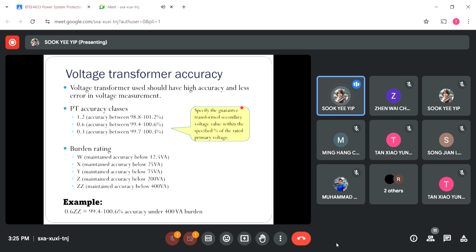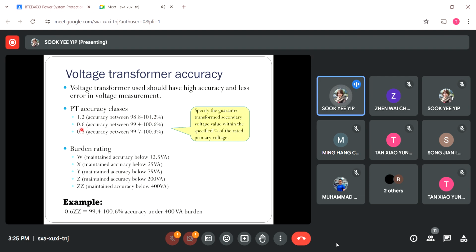It tells you the guaranteed voltage value being measured at the secondary side within the specified percentage of the rated voltage value on the primary side. For instance, if I have the accuracy class of 1.2, this indicates that I can get correct measurements from the secondary side in the range of 98.8 to 101.2% of its rated primary voltage value.